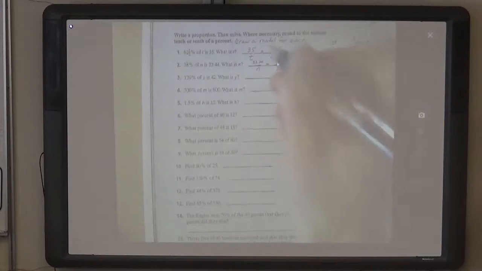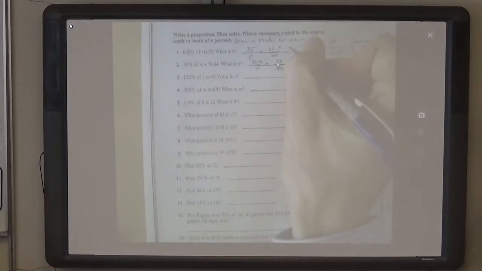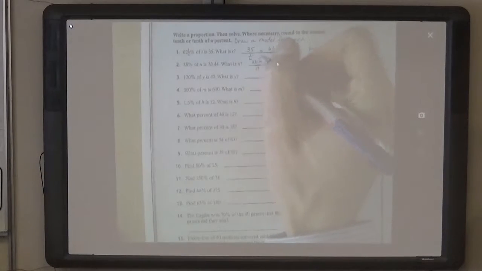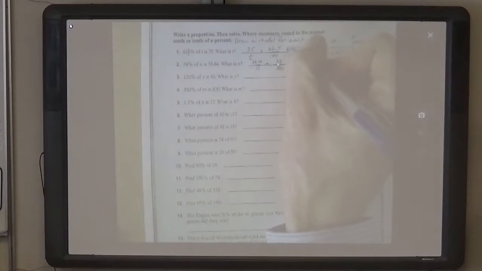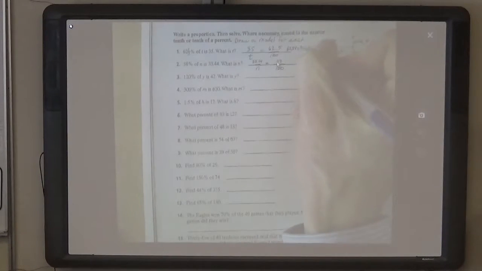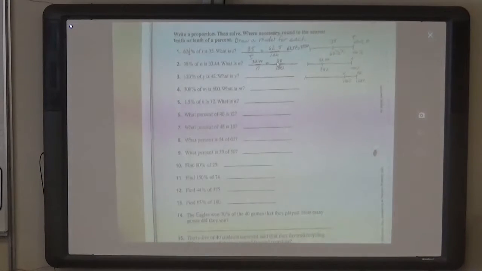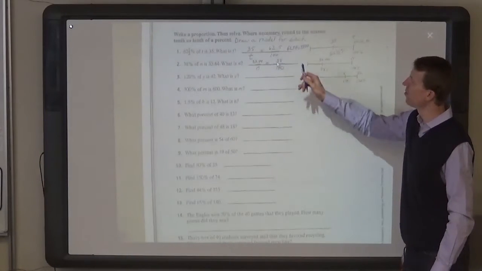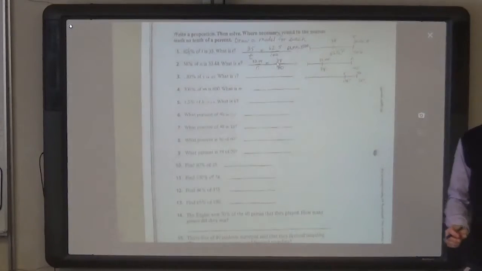Solve the proportion. 62.5 times t is 62.5t, and that's equal to 3,500, because 35 times 100 is 3,500. So we divide 3,500 by 62.5 to get the answer.